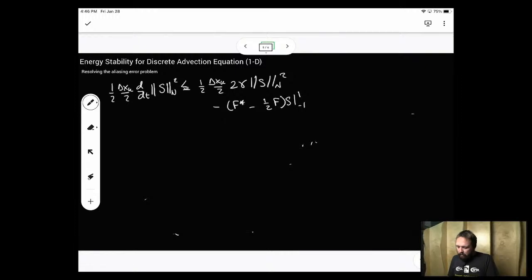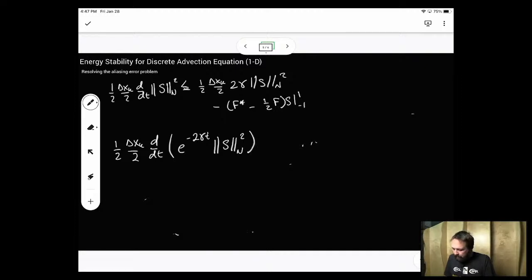What we end up with for each element is 1/2 delta x_k on 2 d by dt of that integrating factor e to the minus 2 gamma t, norm of s squared, again discrete norm, that's going to be less than or equal to e to the minus 2 gamma t, because we've multiplied by our integrating factor, times minus 1/2 f times s at the boundaries, okay?